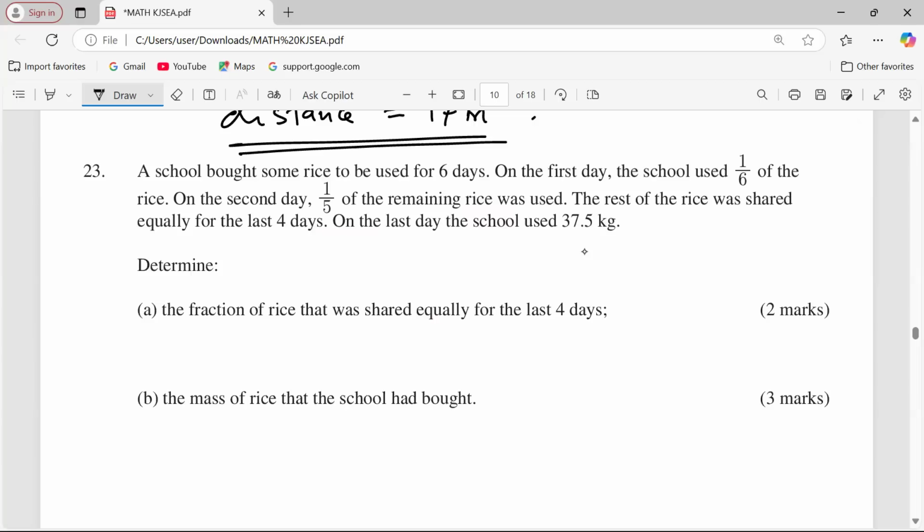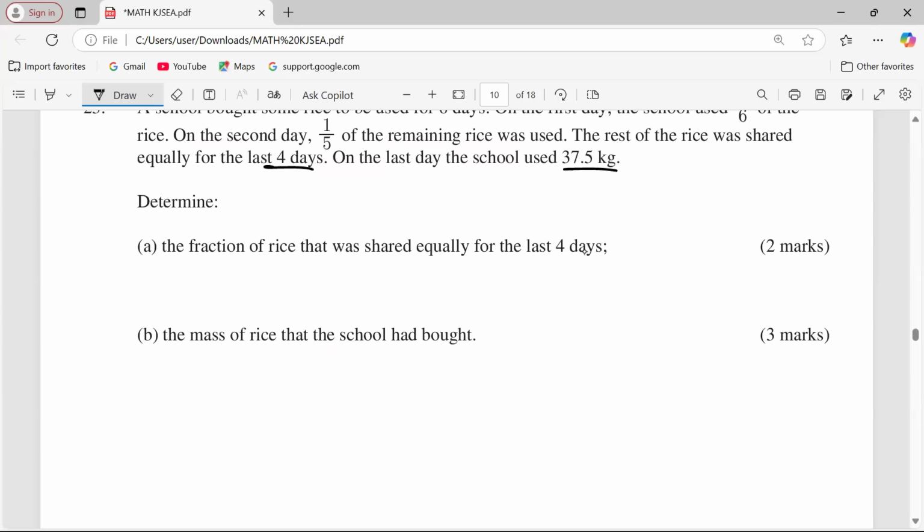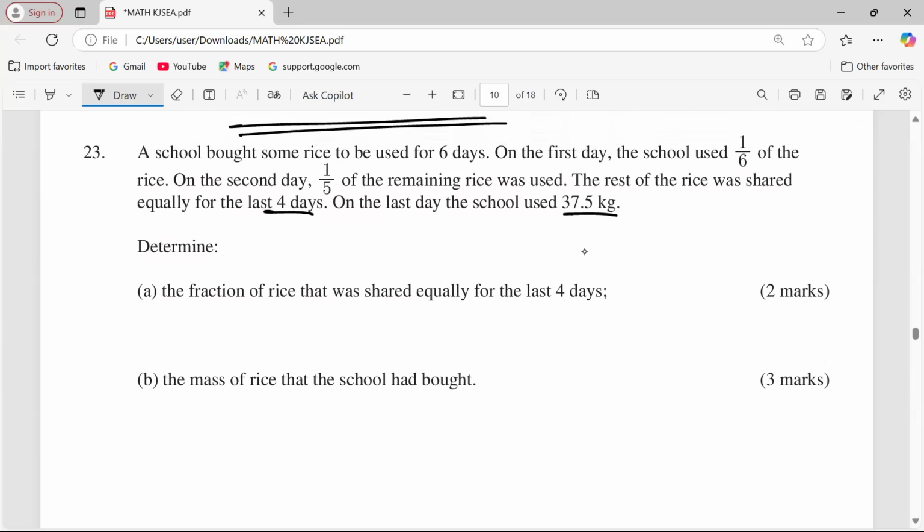The rest of the rice was shared equally for the last 4 days. On the last day, the school used 37.5 kilograms of rice. Determine part A, the fraction of rice that was shared equally for the last 4 days. So we are talking of the first day.